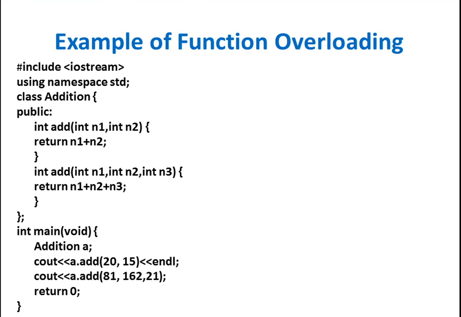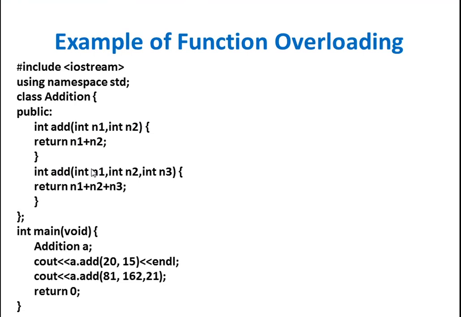In this we have used one header file, then we declare one class, addition. In the addition class there is an integer function add with int n1, int n2. We are passing two parameters of integer type to the add function, and this function returns the addition of n1 plus n2. Again, the same name function is declared but with different parameters.